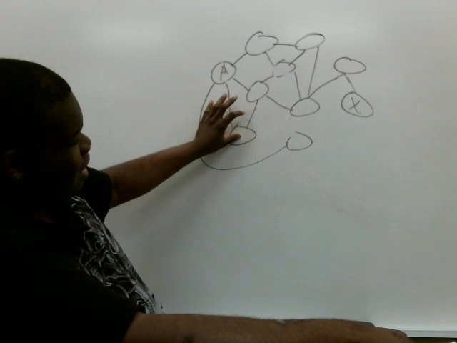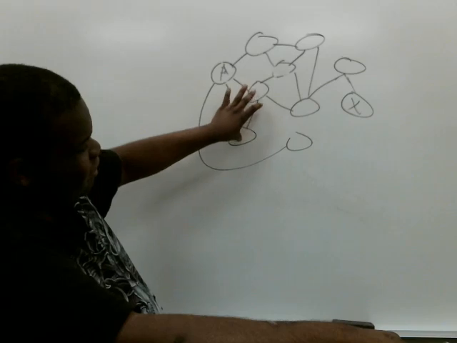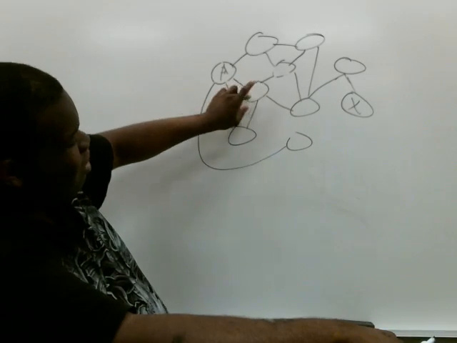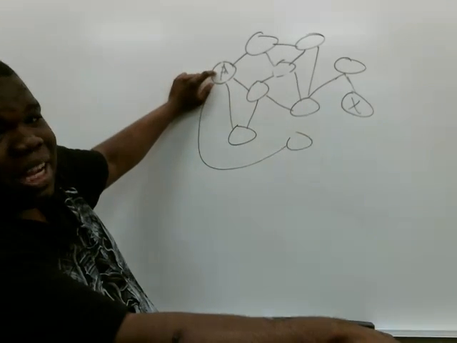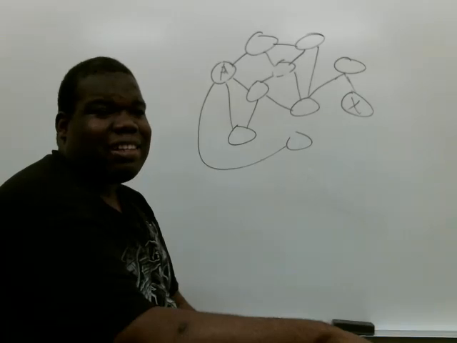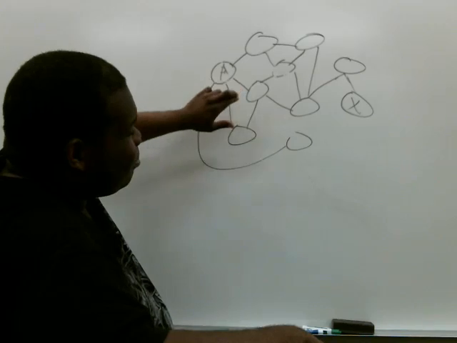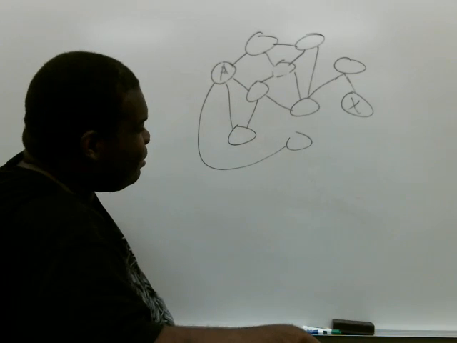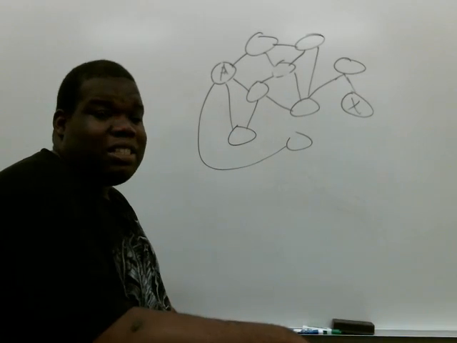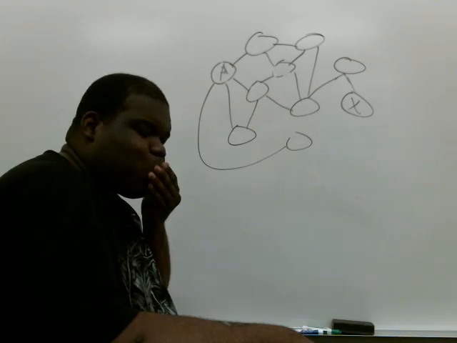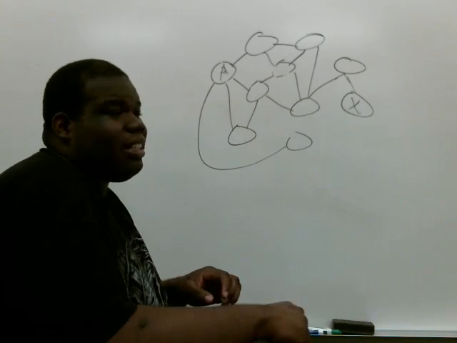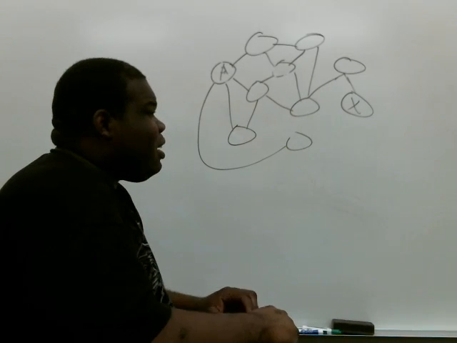We're here, this is not X. We go here, and we don't want to go back to A at this point because we already know that A is not X. So this cycle may cause problems in certain cases, and we're going to deal with that too. Okay, so let's code this up.